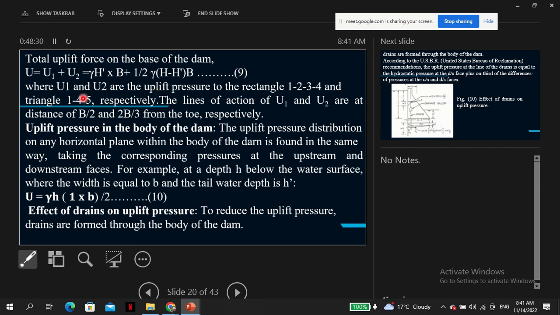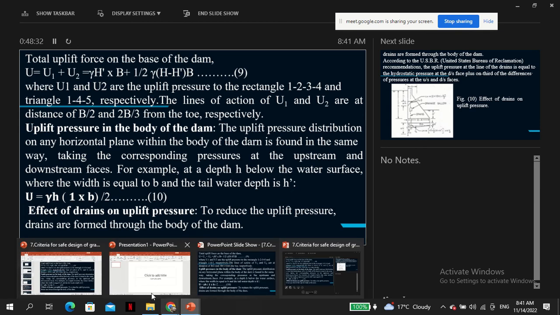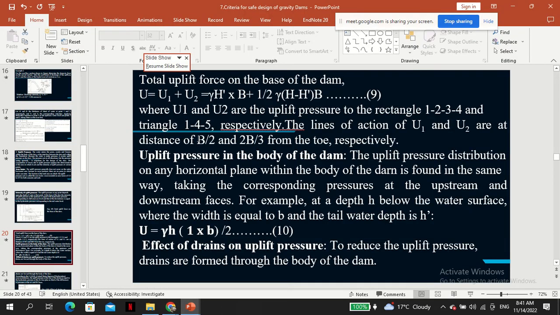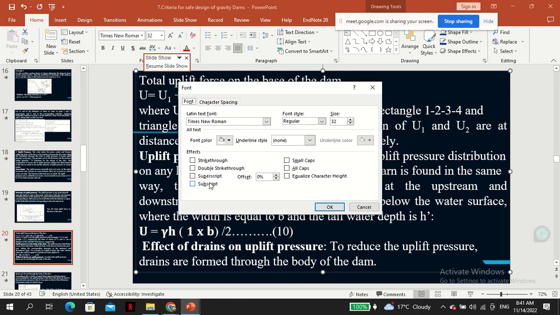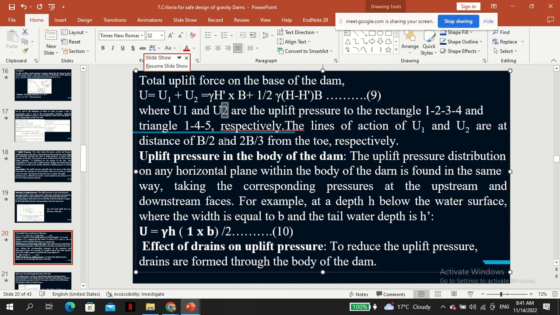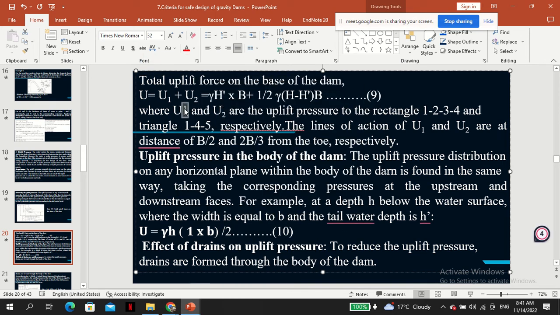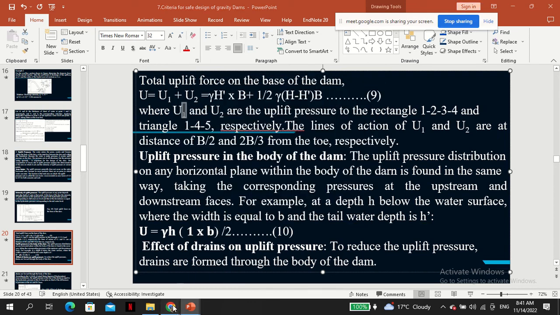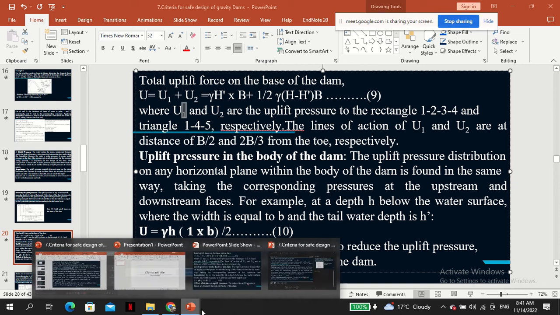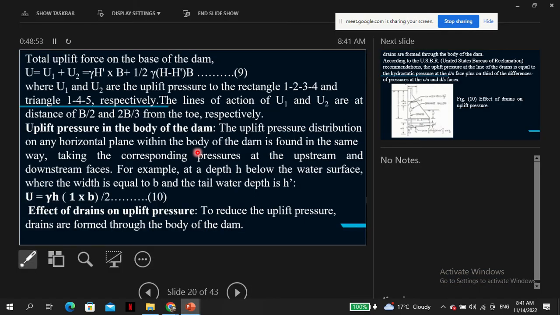So where u1, I think there's some notation issue there, should be fairly clear. And if you have a question, please ask to make sure we're understanding each other. Of course, the distance is b over 2, and 2b over 3, I think you know that from the top.